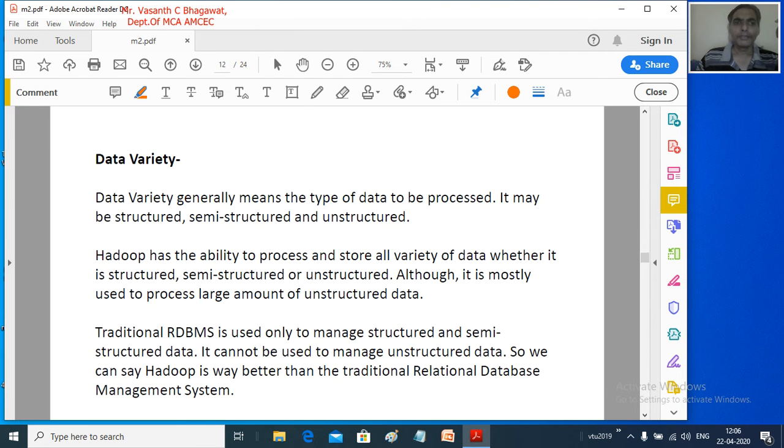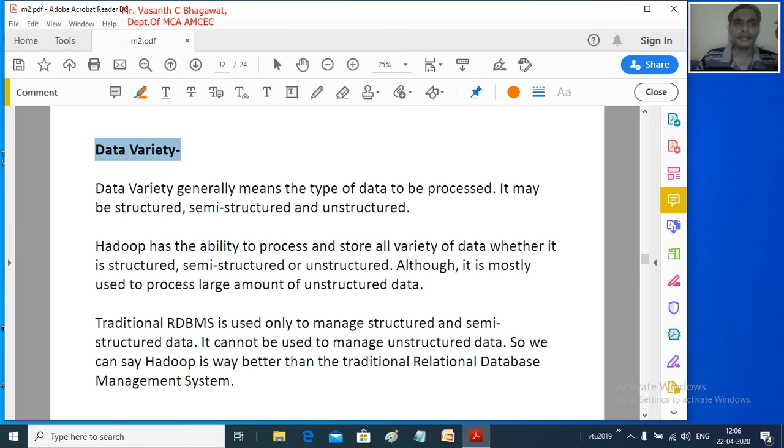The next feature through which we discuss the differences is data variety, that is, unstructured data. As we know, data variety means we are talking of unstructured data. We have various different types of data which we are supposed to manage, like a text file, a PDF file, images, videos, likes, tweets, posts, etc. So we have so much unstructured data.